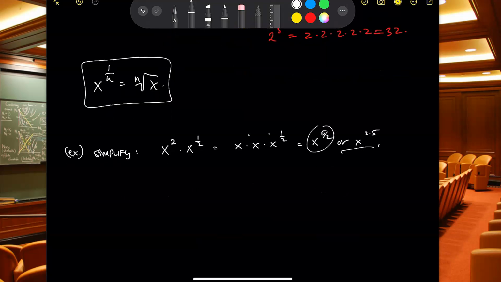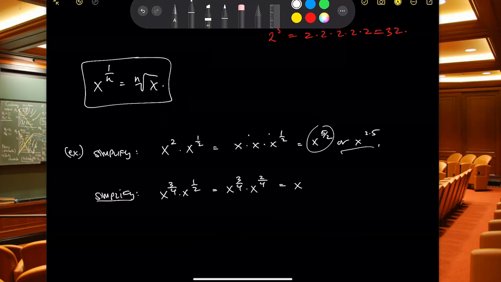Similarly, if I had x to the 3/4 times x to the 1/2, well, you could get common denominators here and represent the fractions as 2 over 4 instead of 1/2. That's fine, because then you can talk about how many x's do I really have.